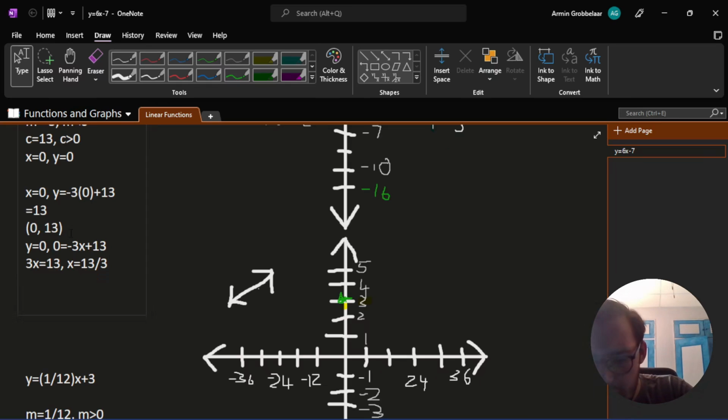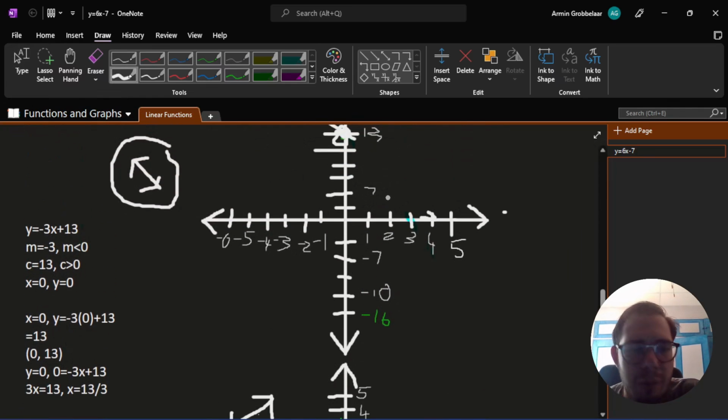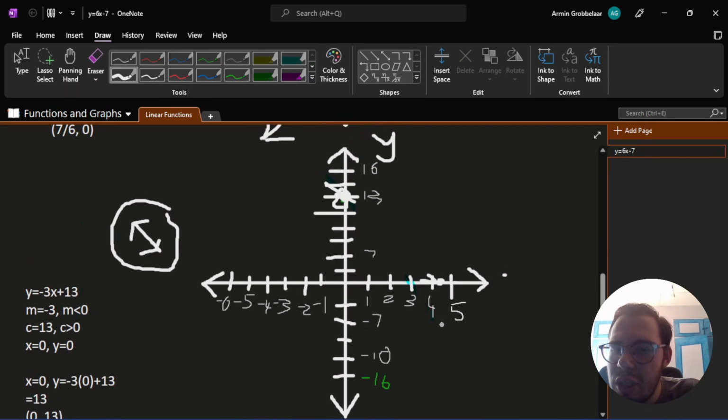So our point is (13 divided by 3, 0). So 12 divided by 3 is 4, so 13 divided by 3 is just a bit bigger than 4. So it's about there. Now I'm just going to label the point because you can't really see what the point is.